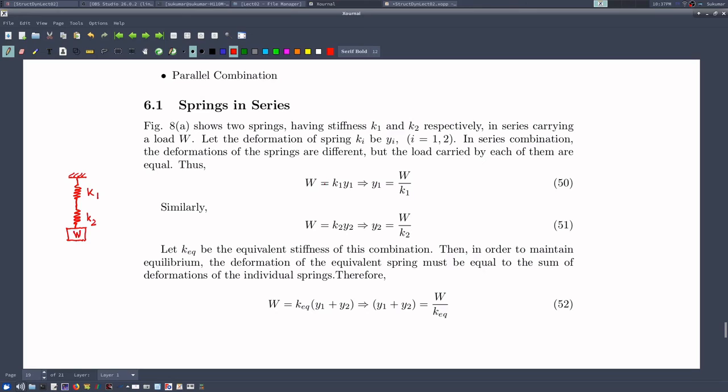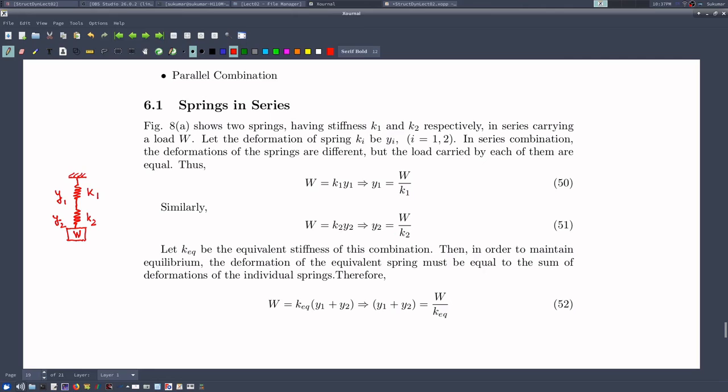So W must be equal to K1 times the deformation of the first spring, say Y1, and the deformation of the second spring is say Y2. Then W must be equal to K1 times Y1, and also W must be equal to K2 times Y2, because they are carrying the same load. So Y1 is W by K1 and Y2 is W by K2.